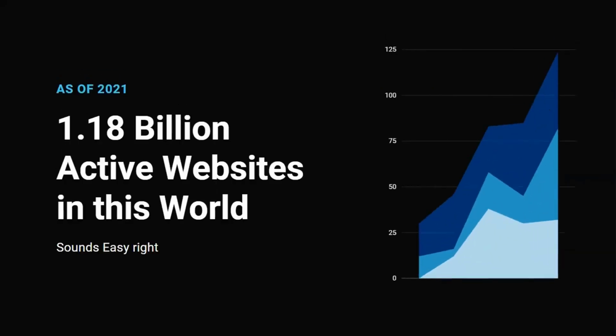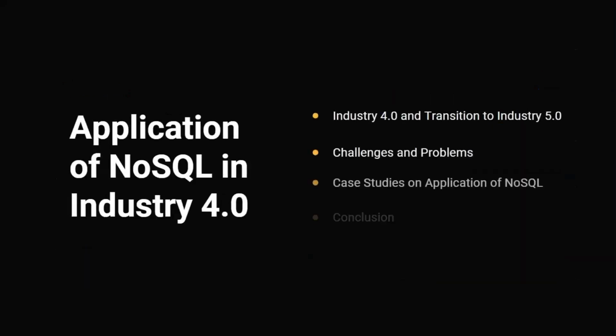As I said, it doesn't sound easy. Handling and storing data is very difficult in this world. This is the challenge almost every big company and MNC is facing. So I'll be covering the application of NoSQL in Industry 4.0.